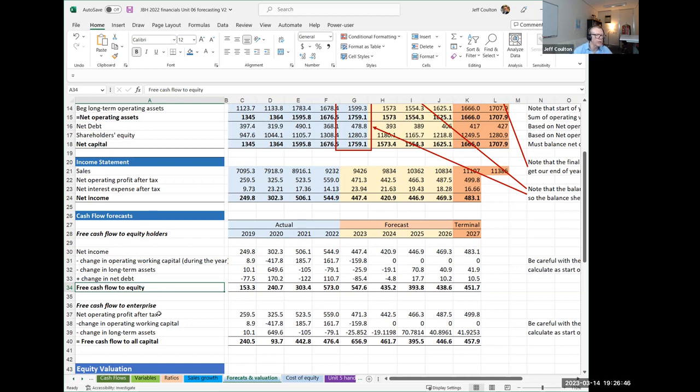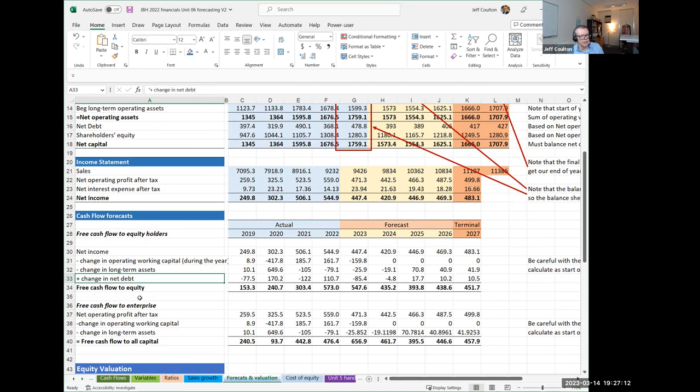I can do the same thing valuing the enterprise, where, rather than net income, I'll take operating profit as my starting point. I'll take into account the changes in the balance sheet, but I won't take into account changes in net debt because I'm indifferent about the debt versus equity funding mix.